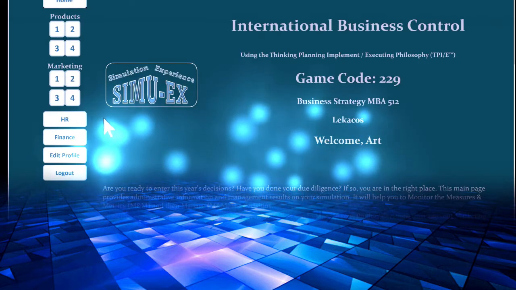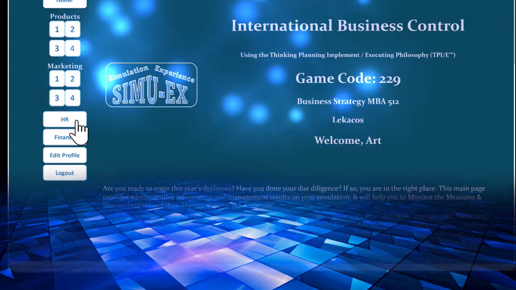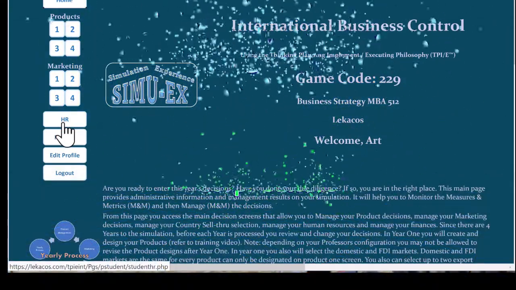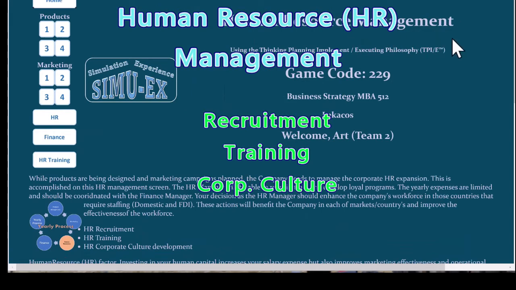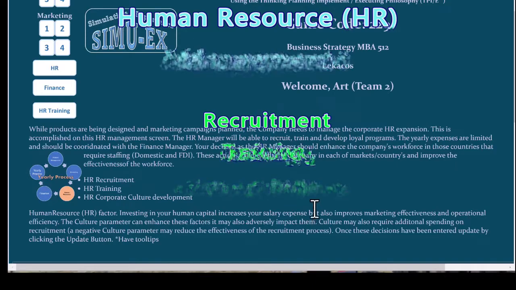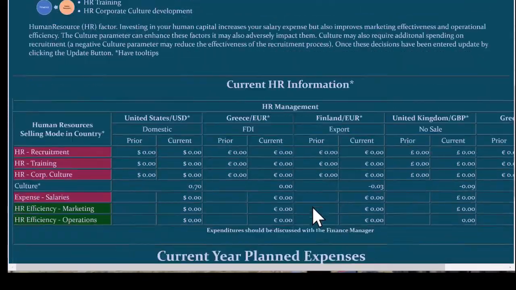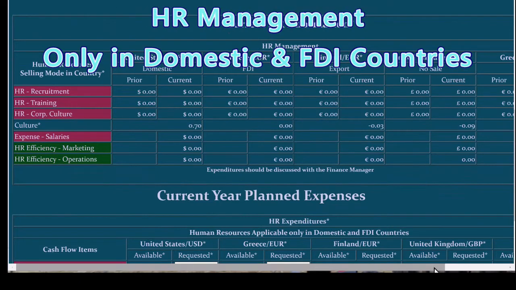While the product and marketing managers are performing their respective tasks, the corporation's HR manager is going to be looking to enhance and improve the human capital of the corporation, to hire more people, to expand the company, to train those individuals, to develop their loyalty to the corporation, and so on. This set of tasks is performed under the HR screen.